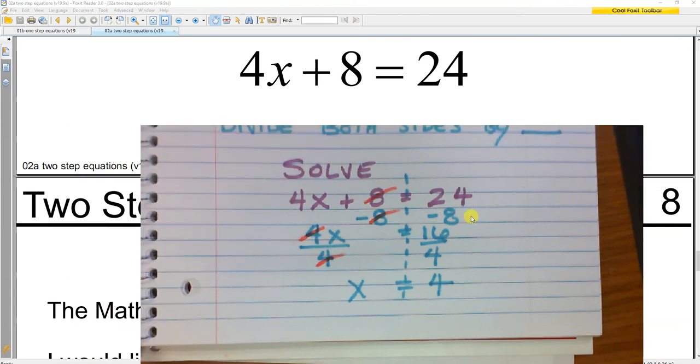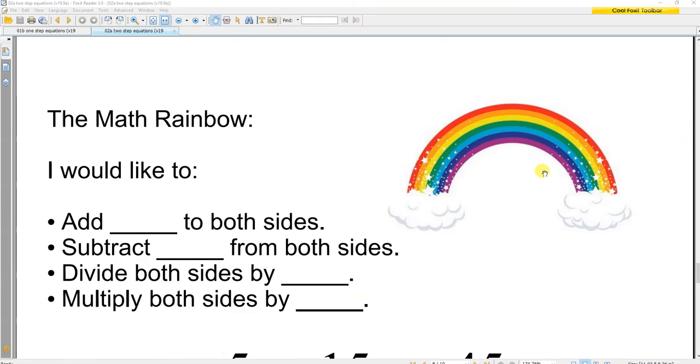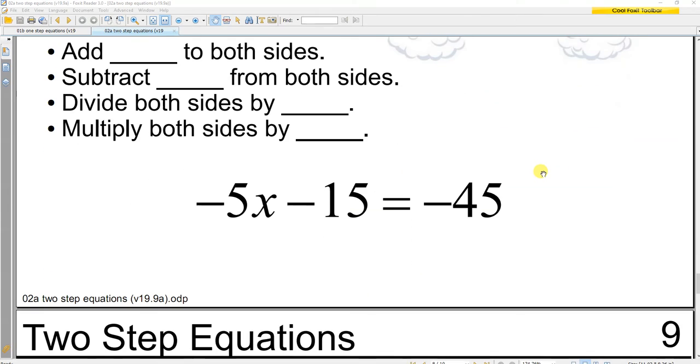Keep your notes available. And I'm going to do this one with you. Does not have to be done in your notes. So the question is, where am I? Who do I want to deal with first, the 15 or the 5?